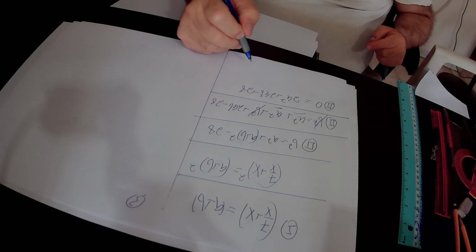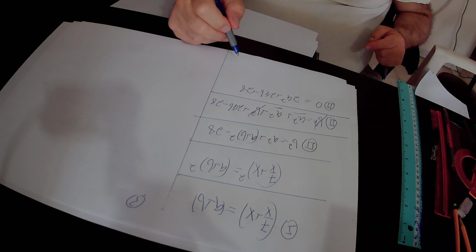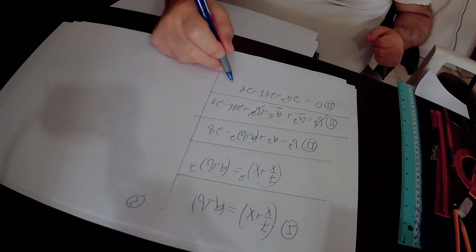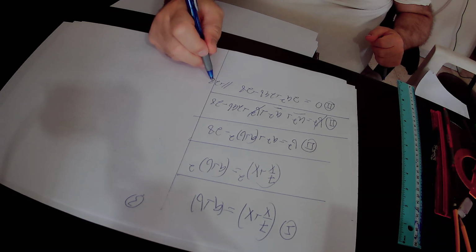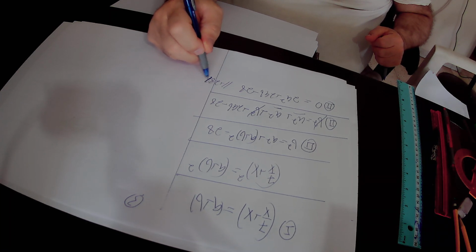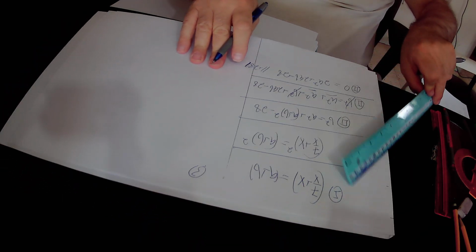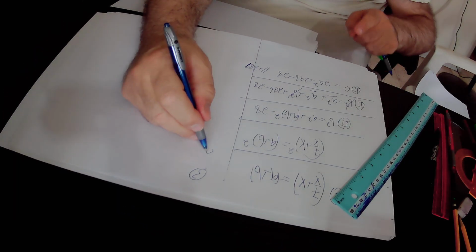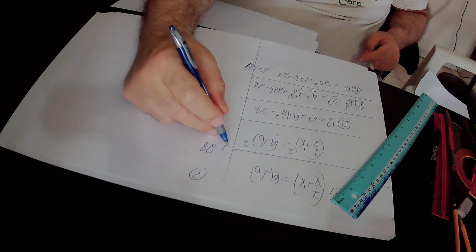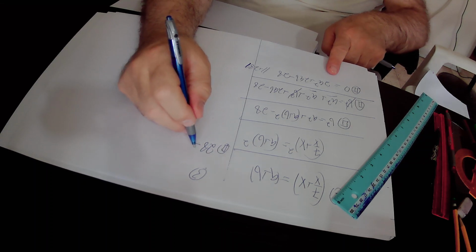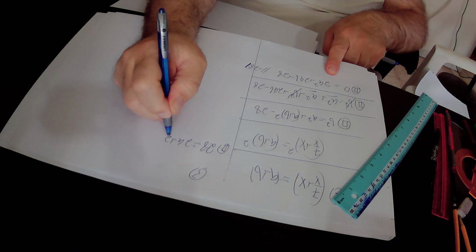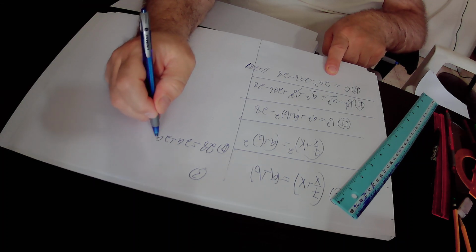Here we add 28 to this equation 2, and 0 plus 28 is 28. So 28 equals 2a squared plus 2ab.